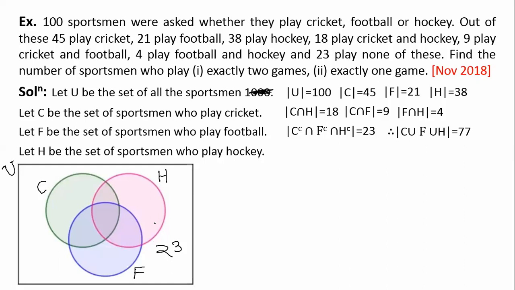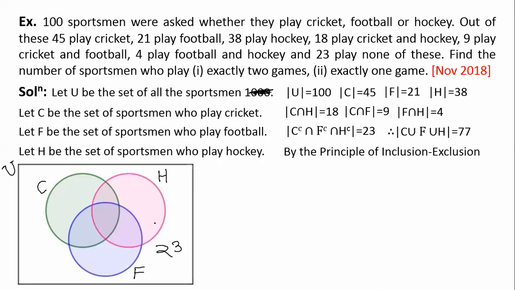That means there are 77 out of 100 sportsmen who play at least one game. So some of these play exactly one game, some play exactly 2 games, and the remaining play all the 3 games. So all these 3 possibilities are there.